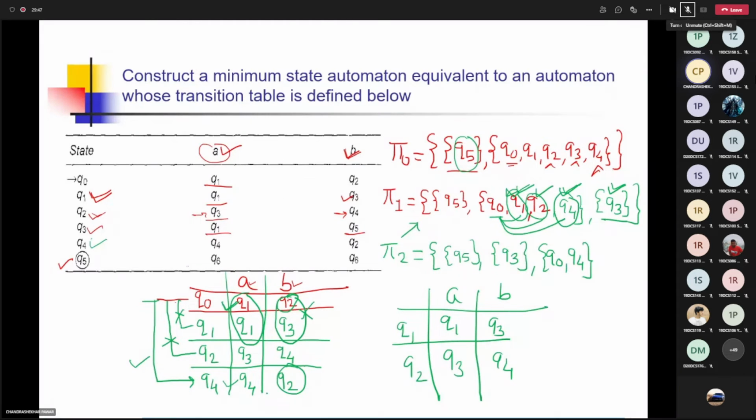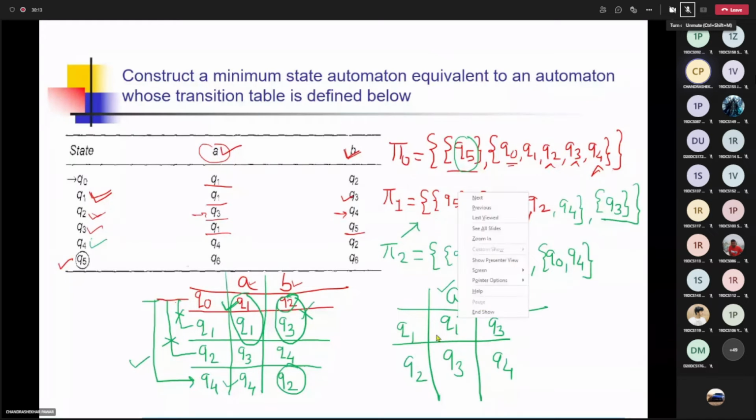So let's move on to the remaining notations. So here Q1 with input A, Q1 is here, Q2 with input A, Q3.